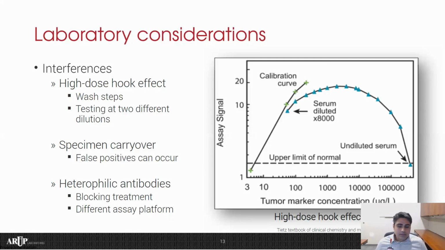As far as interferences are concerned, the second concern is specimen carryover. So let's say there is a very high concentration of HCG in a previous specimen, and even a little bit gets carried over to the next specimen, which is actually negative, then that can cause a false positive, which is not ideal. So as laboratorians, we need to be aware of that.